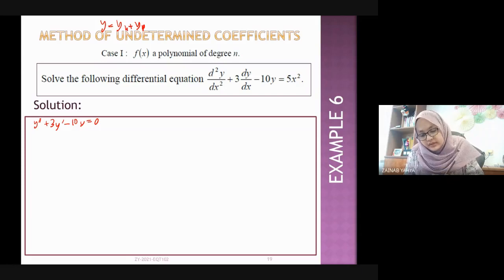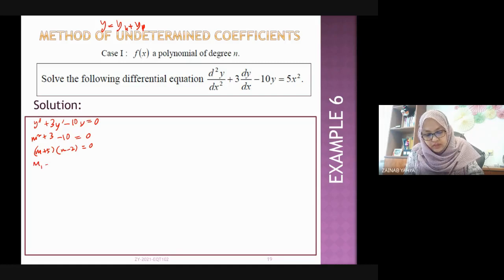So we write the characteristic equation m squared plus 3m minus 10 equals 0. If we factor it out, m plus 5 and m minus 2 equals 0, right?